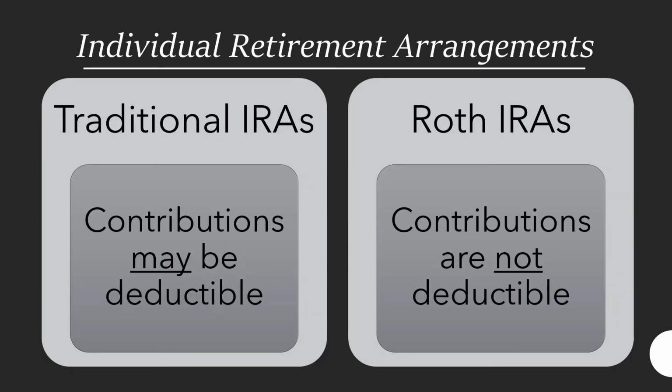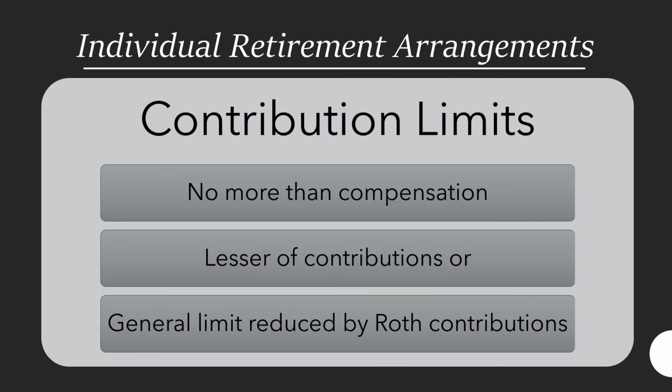So on to IRAs. Now, if you remember back to our basic lessons on retirement income, we talked about some different kinds of IRAs. There's traditional IRAs and there's Roth IRAs. And for traditional IRAs, the contributions may be deductible as an adjustment to income. Roth IRAs, however, that's not the case. The contributions are not deductible. So again, with a tax-favored account, we're going to have some contribution limits.